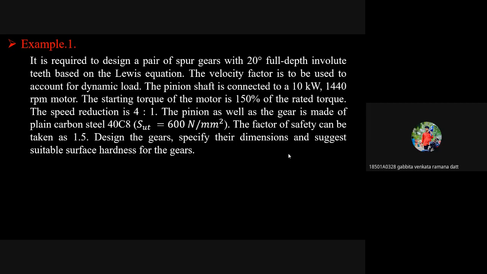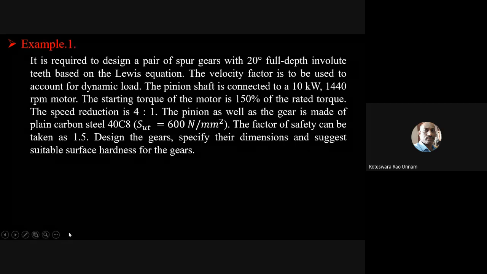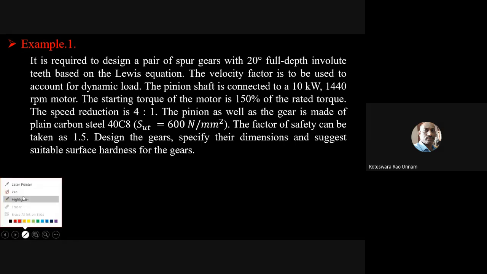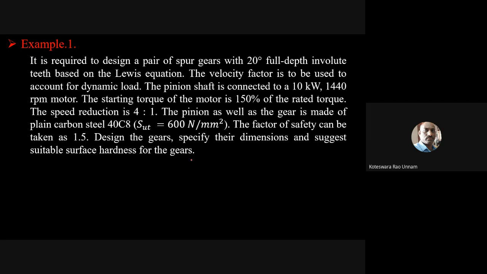Okay, right. So we'll see the solution for this now. First I'll read the problem, then we'll discuss the solution. It is required to design a pair of spur gears with 20-degree full depth involute tooth.